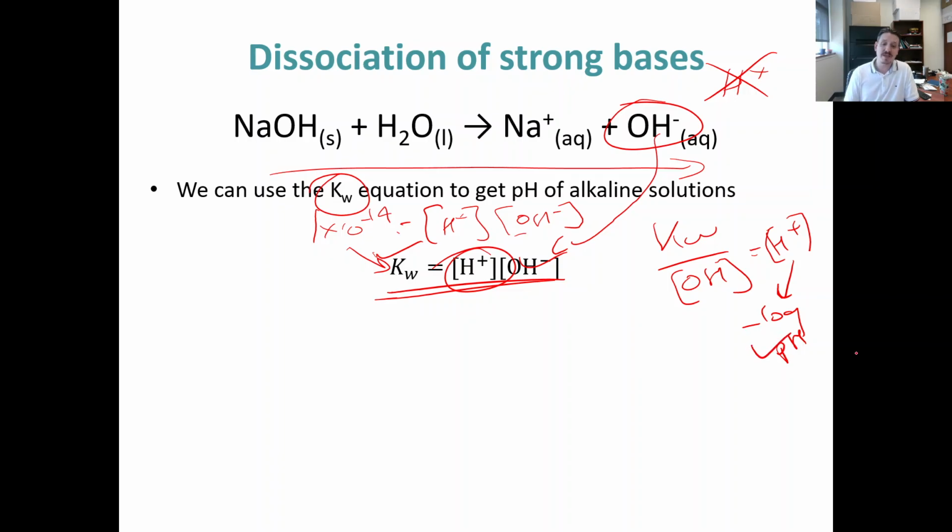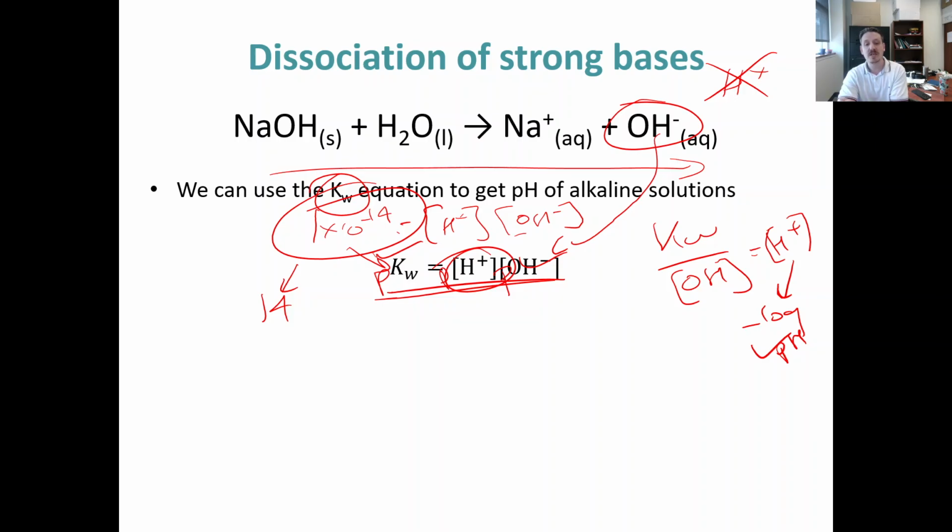But actually, we could make it even simpler. Because if we negative log Kw, 1 times 10 to the negative 14, well, the answer is 14. And so pKw, you could say, is 14, which equals pH plus pOH.